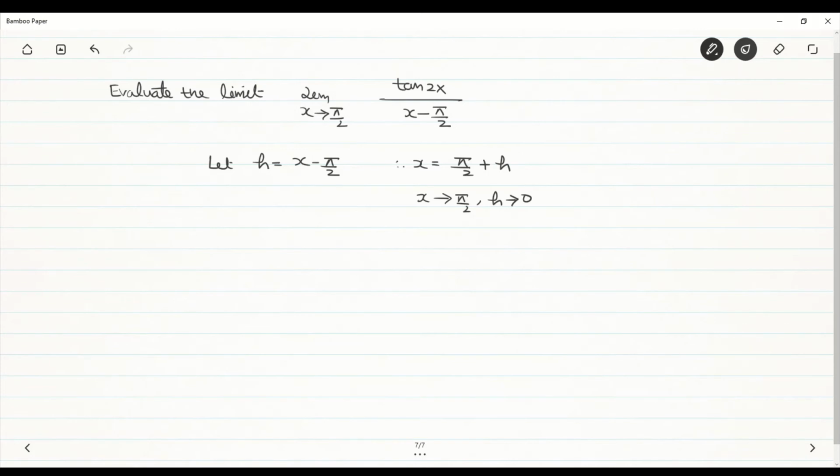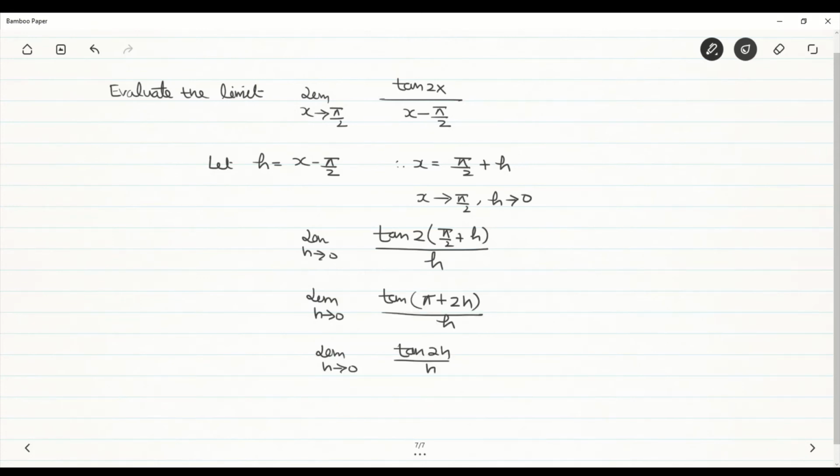And now obviously when x is tending to pi by 2, h is tending to 0. So I have the question limit h tends to 0 tan 2 times pi by 2 plus h, because this is the substituted value of x, divided by x minus pi by 2, which will become h.